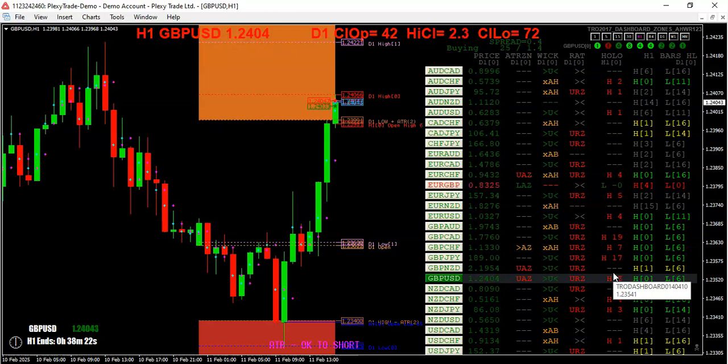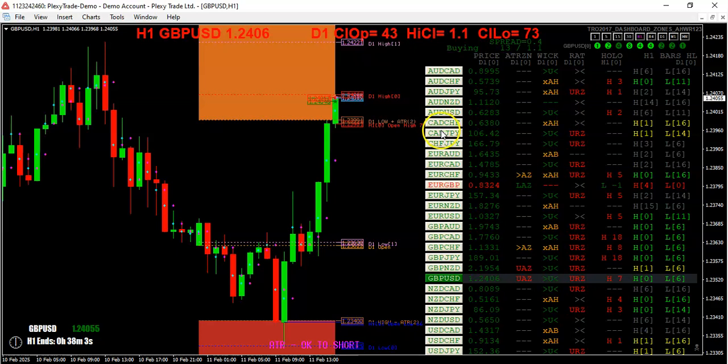Did the current H1 bar test the high, get within a few pips of it, and then come back down, and then you take the highest open. You take that Holo trade.